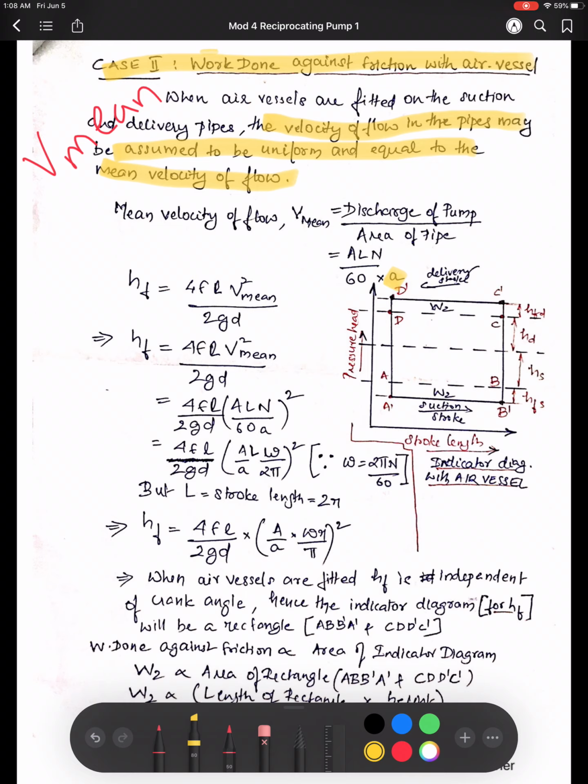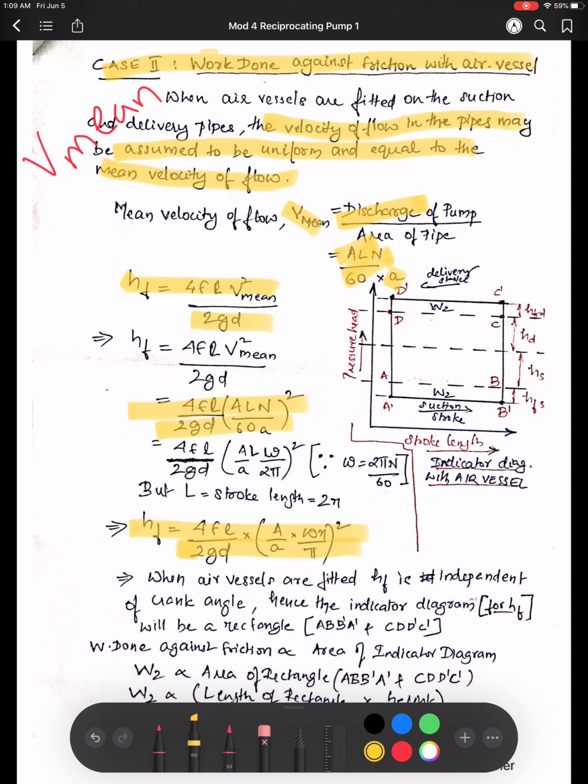So in that HF we can write 4FL V square by 2GD. Here velocity is V mean. And for V mean we'll substitute this ALN by 60 by small a here. Clear? So finally you'll get this equation.